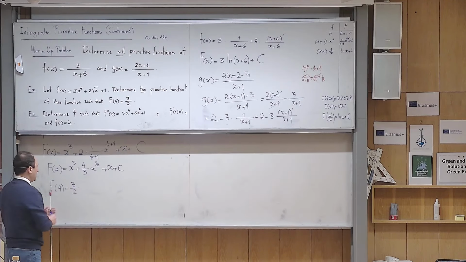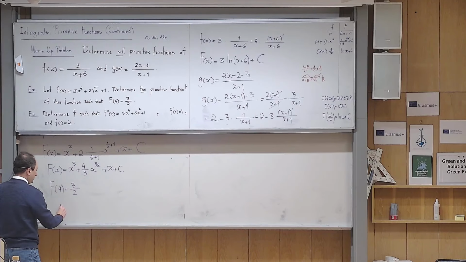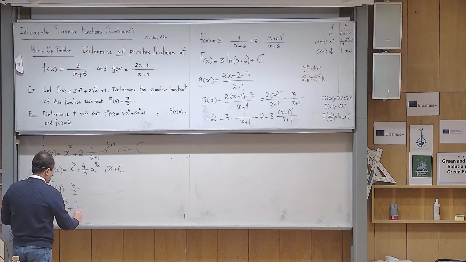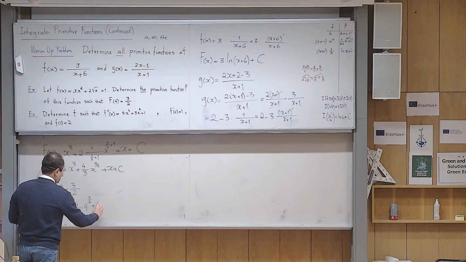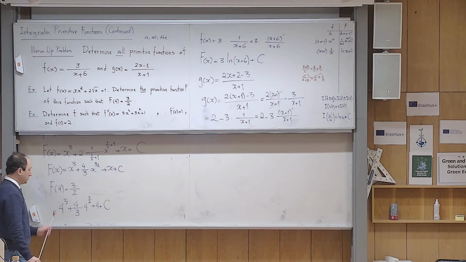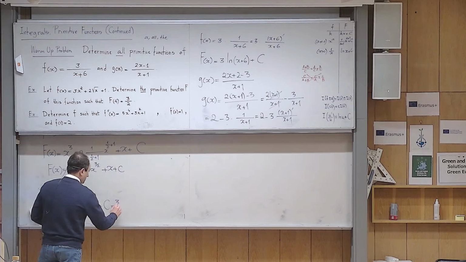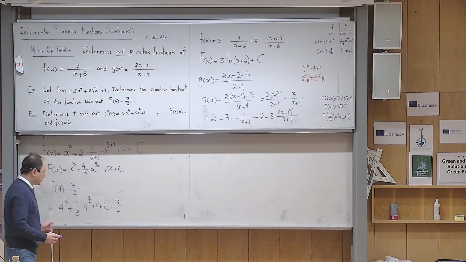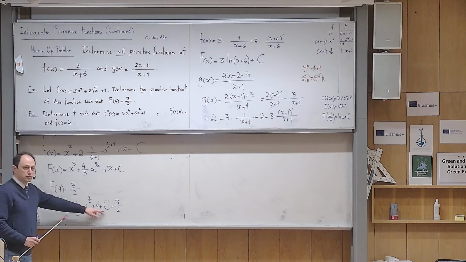So let us do that. I go here and replace x with 4. When I replace x with 4, I get this, but I know output should be 3/2. And then I have to solve this and find my unknown c.